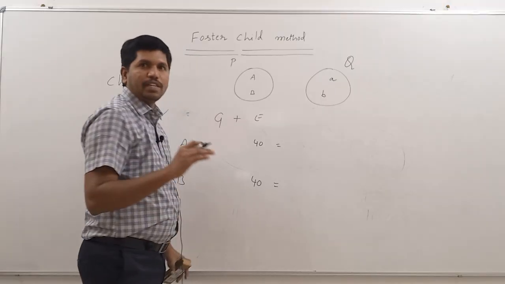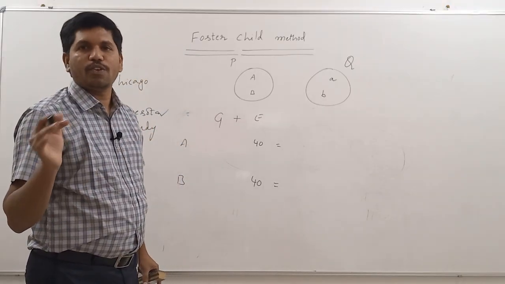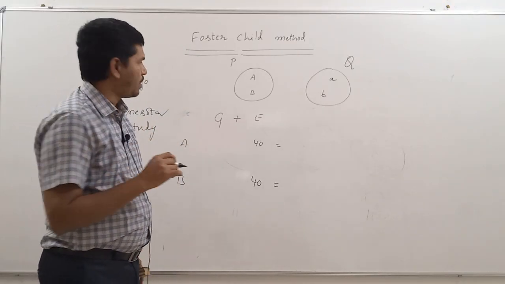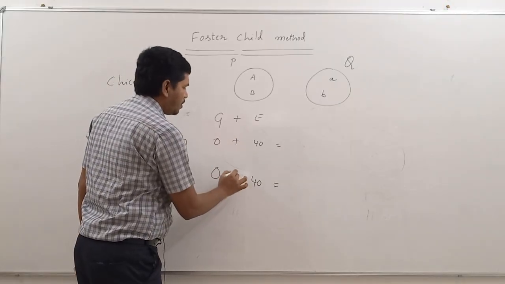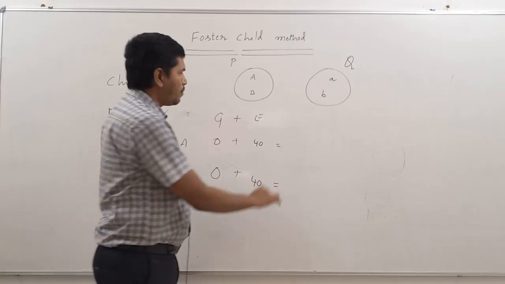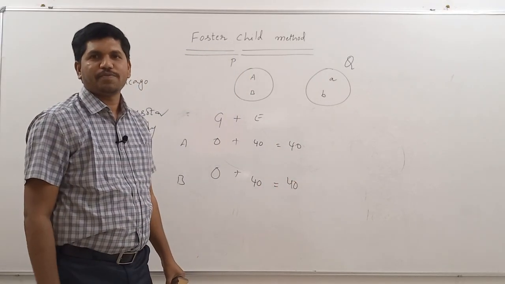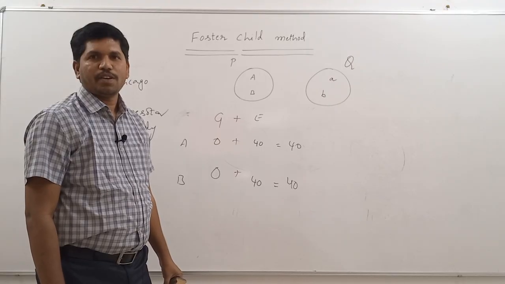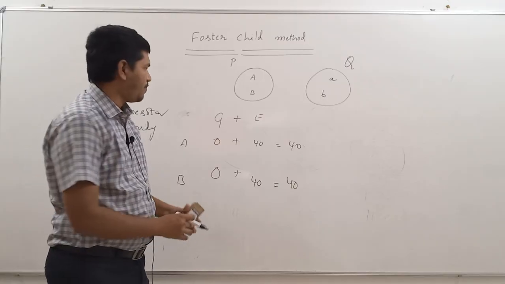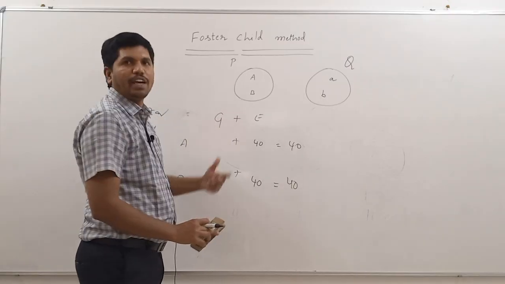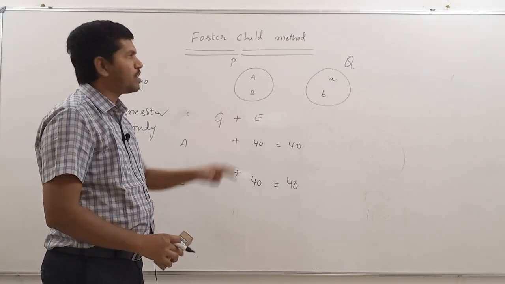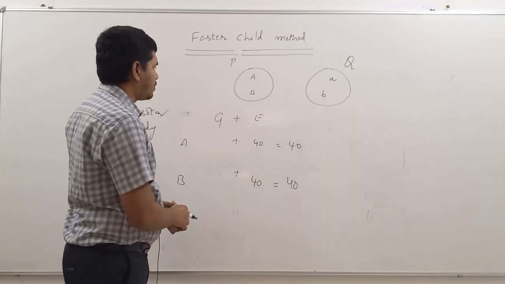Now, if the genetic component has no role in the development of a particular character, that means if the genetic component is 0, then both the children must have the same IQ levels. But if the genes have a role, definitely both the children have two different genes, because both are the children of two different families.